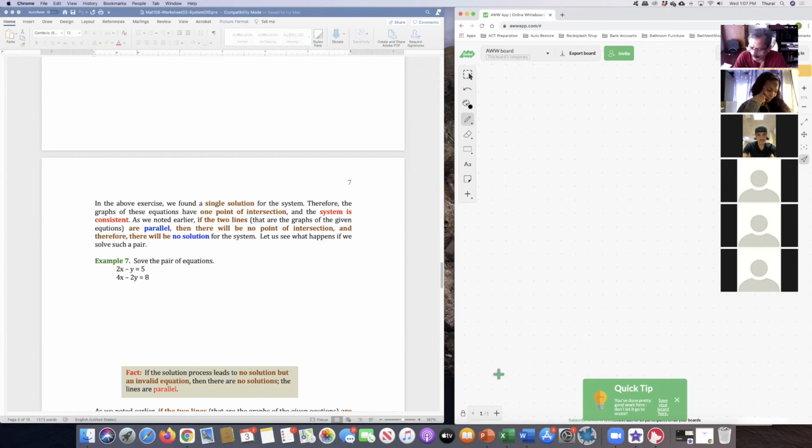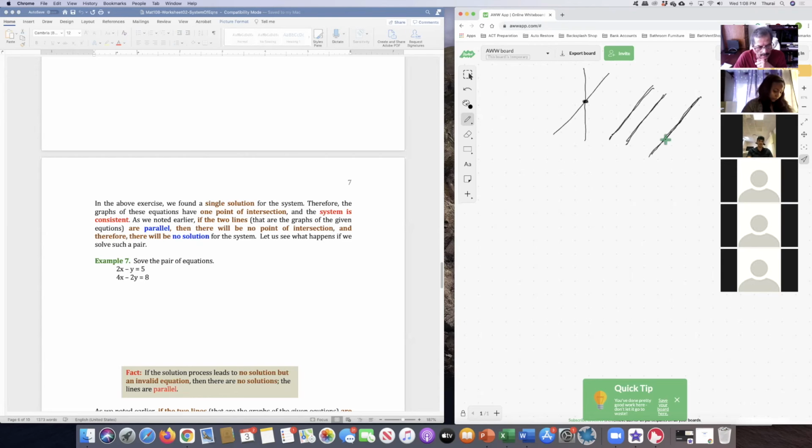Only if the lines are intersecting like this, then there is a solution, right? If the lines are parallel, then there will be no solution. They will not meet anywhere. When the lines are coincident, there will be solutions, but there will be infinitely many.